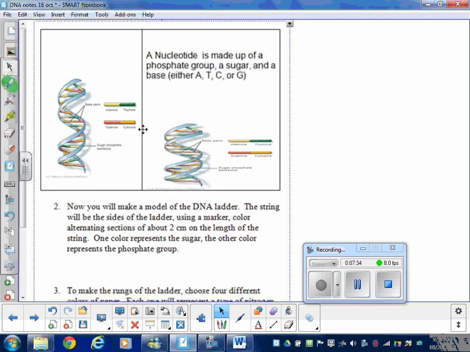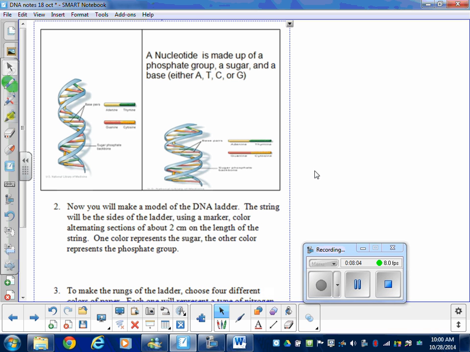Now, what you are going to make is a DNA molecule. If you look at this on the front, it talks about using string. Special for you guys, instead of string, this year I bought some pipe cleaners. Due to the craziness with pipe cleaners last week, I will portion out the pipe cleaners. Everybody gets 2 pipe cleaners, no more, no less. Okay? Then when you're making this, there are detailed directions here.